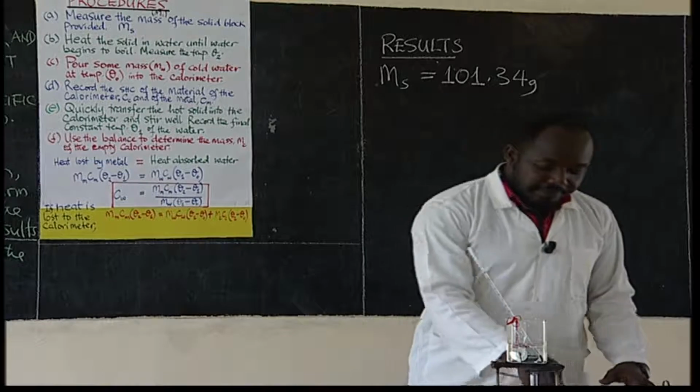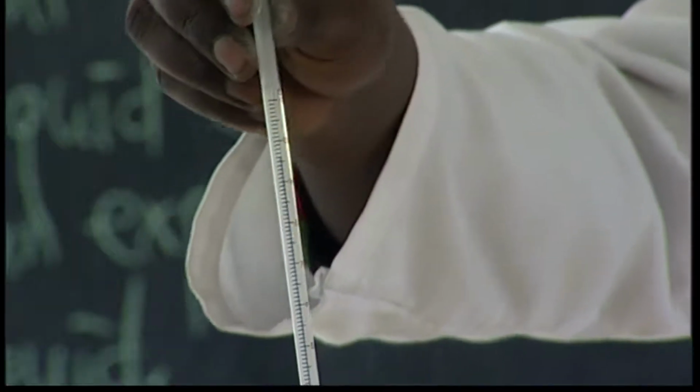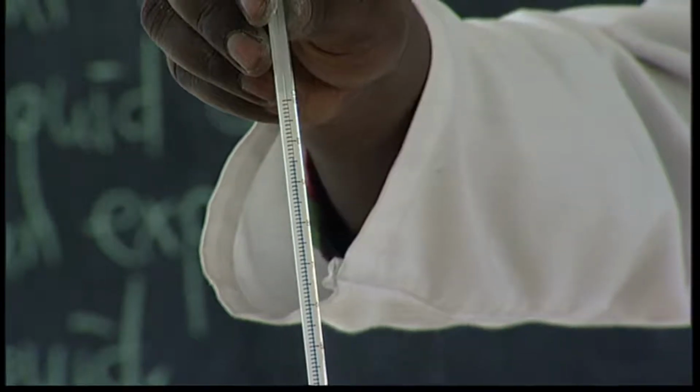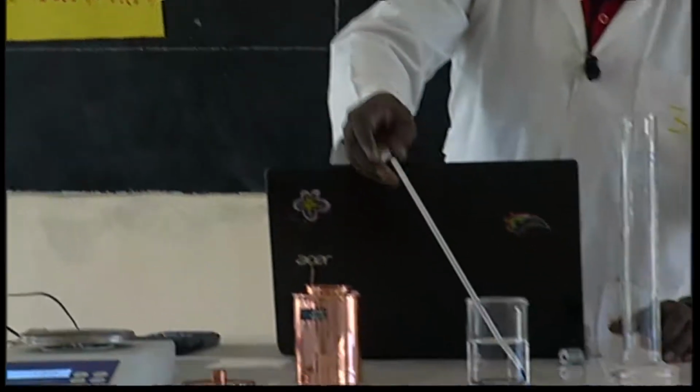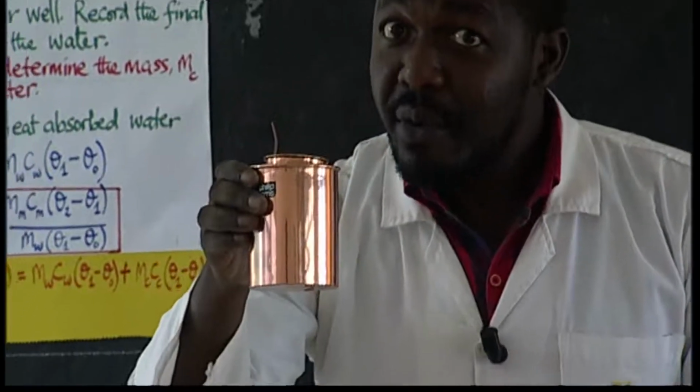All right. Let's check what is happening here. I want it to boil, but not yet reaching the point I want. So let's first continue with the other procedure. We'll come back there.